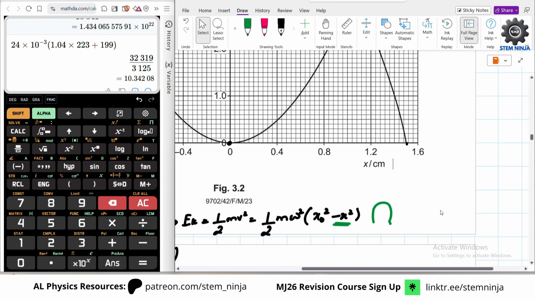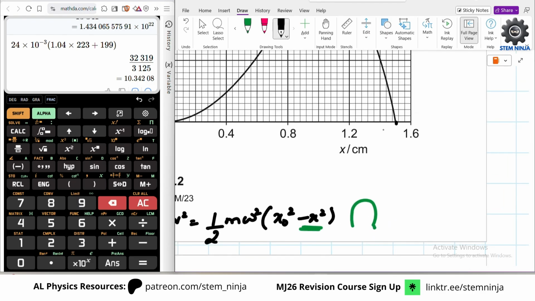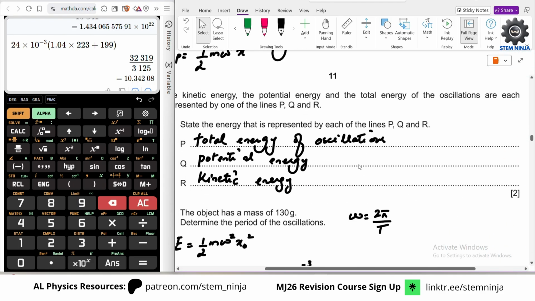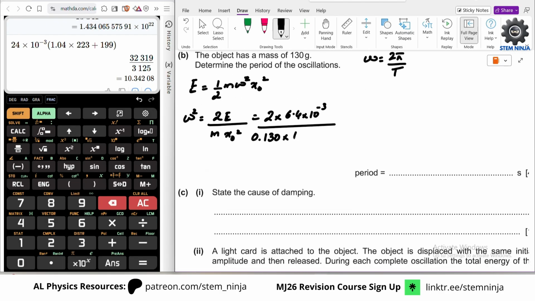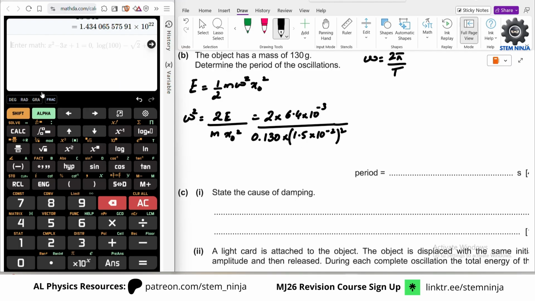This is 1.5 centimeters, so 1.5 times 10 to the power minus 2, all squared. So 2 times 6.4 times 10 to the power minus 3, divided by 0.130, divided by 1.5 times 10 to the power minus 2 squared.